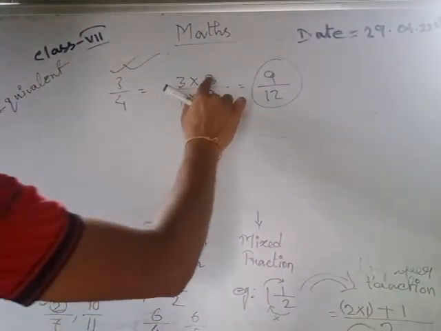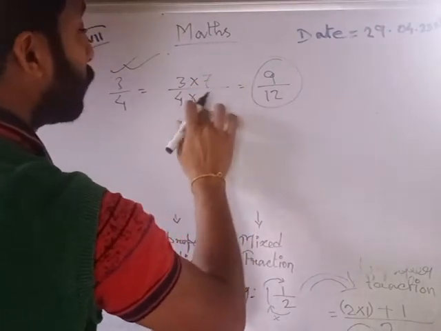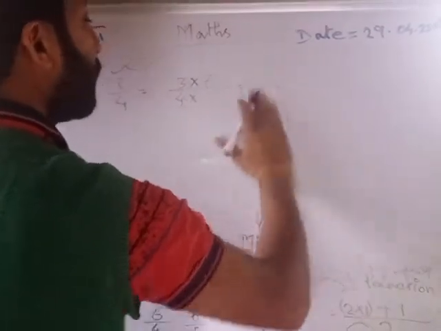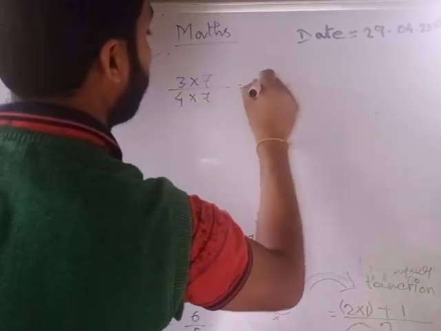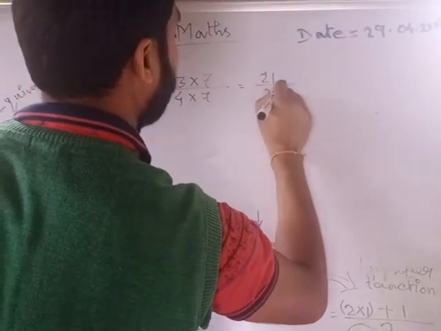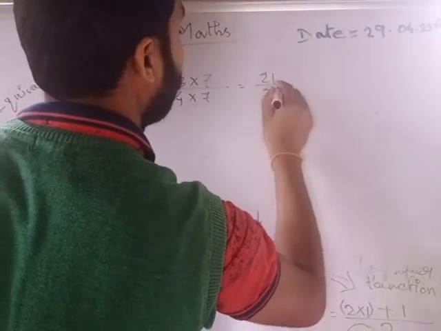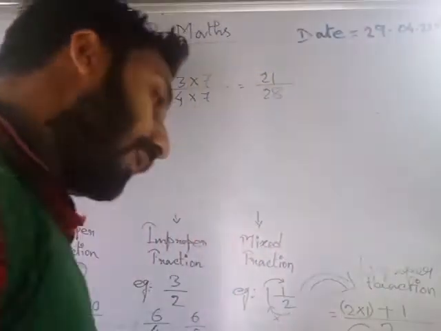Okay. If you multiply by 7, then also you should multiply by the same number. That means you should multiply by 7, 21 and 28. Okay, these are the equivalent fractions.